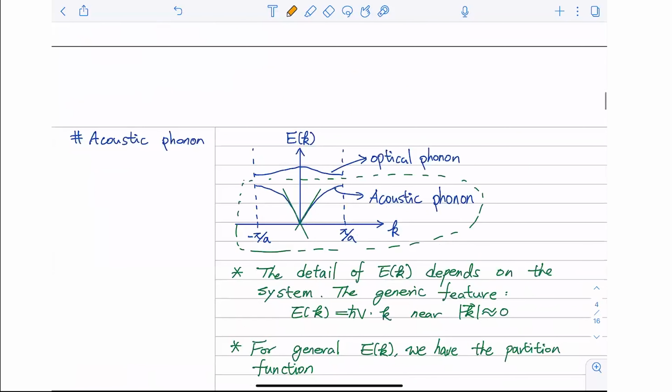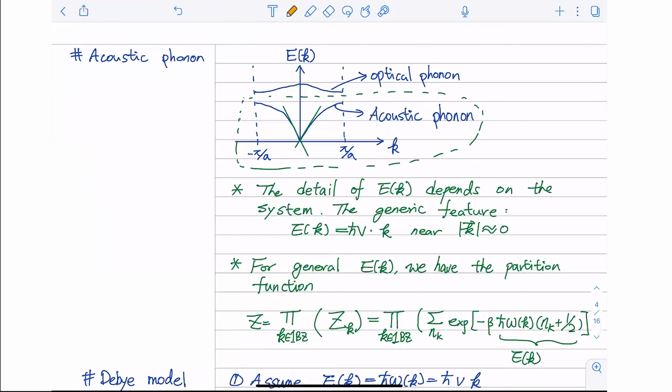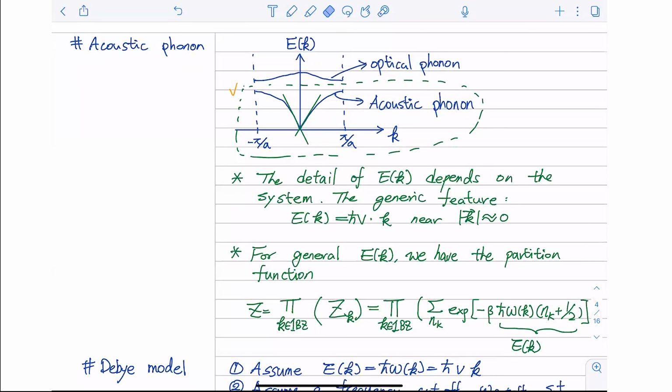Then in the last lecture we discussed the acoustic phonon, which is the lower branch of this plot. The detail of the acoustic phonon band actually depends on the system. It might bend a little bit earlier or a little bit slower, but it doesn't matter.